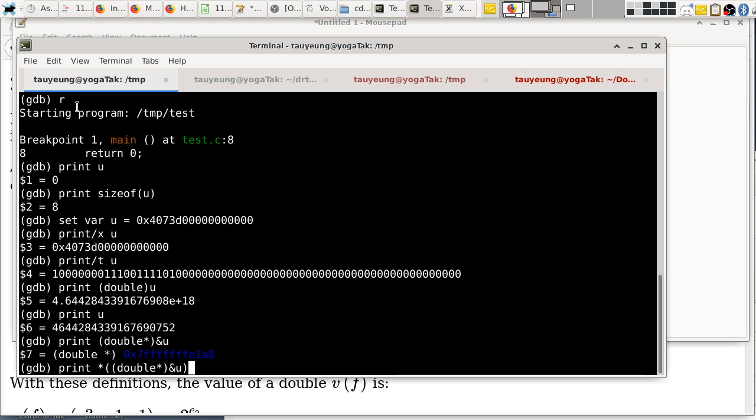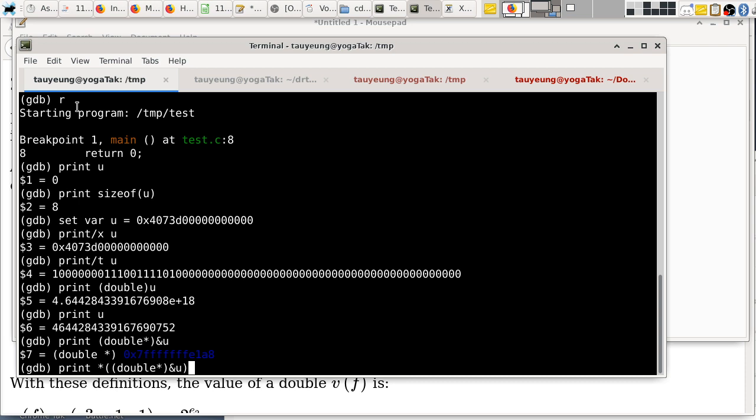Because it's a pointer to a double, when I ask what is there, it's going to use the double interpretation. It will look at those same 64 bits, but not as an unsigned 64-bit number anymore. Now it will look at those 64 bits and say, I'm going to treat this as a double.